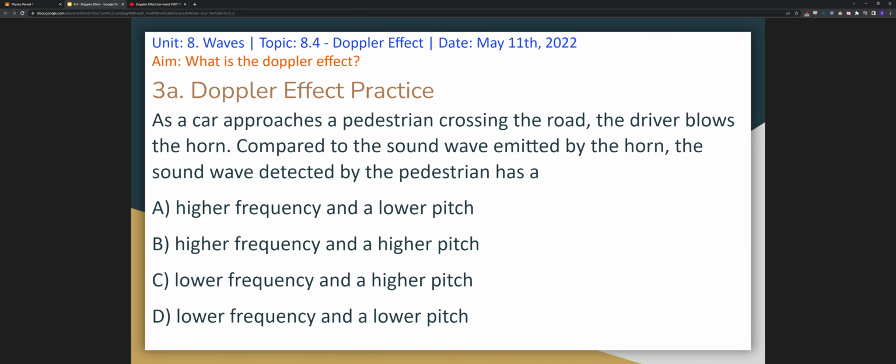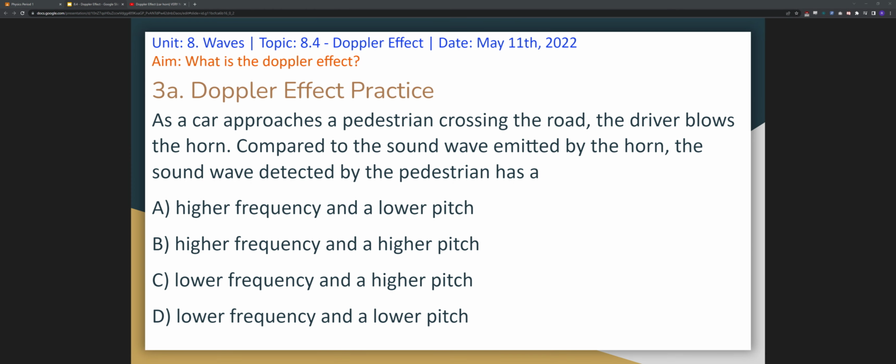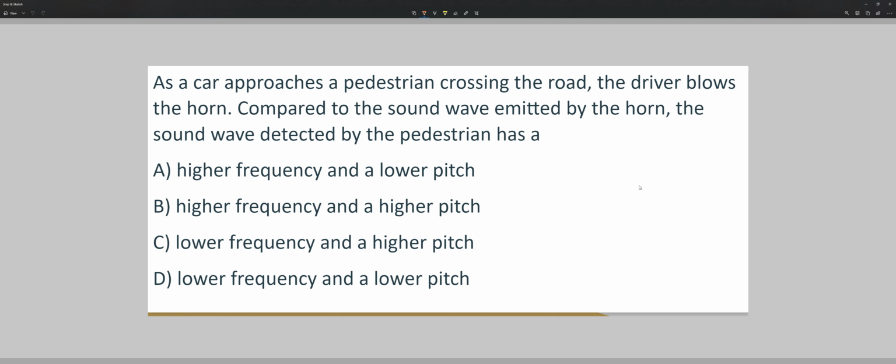So as a car approaches a pedestrian, the driver blows his horn. Compared to the sound emitted by the horn, the sound wave detected by the pedestrian has a... So the car is moving towards the pedestrian. Your sound source is a car, and you have a stationary pedestrian.